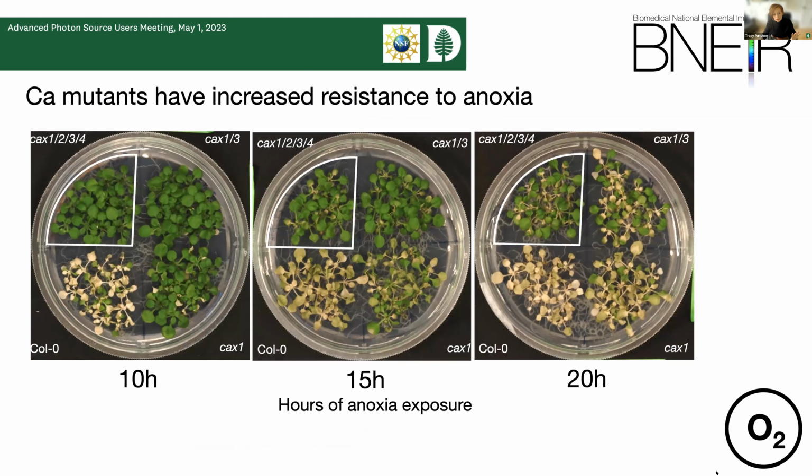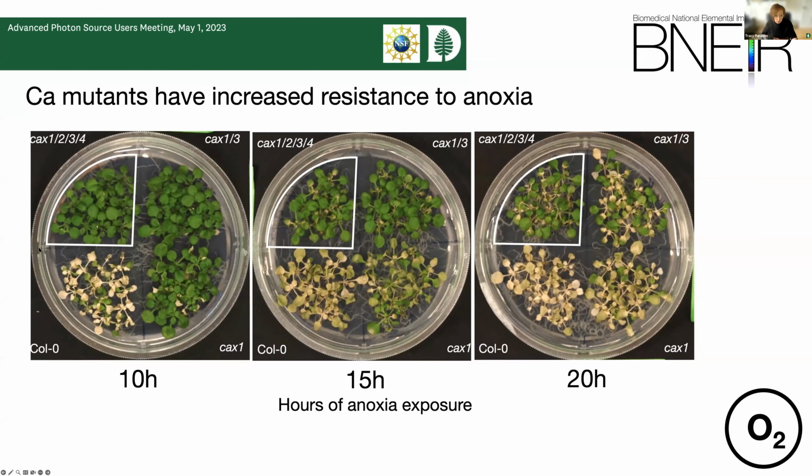So I want to start by saying this is our major finding, and what drove us to start imaging the plants is their tolerance. We found that if we knock out 4 of these calcium transporters, the plants become very tolerant to periods of anoxia. So what you're looking at here is plates in which plants have been growing. This is a normal plant, and then this plant is lacking 1 of the CAX transporters.